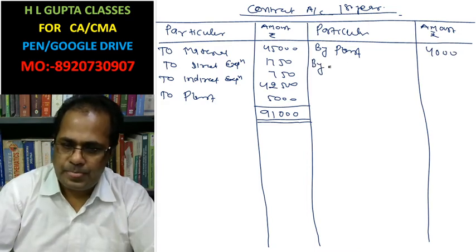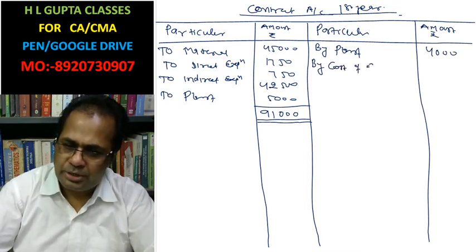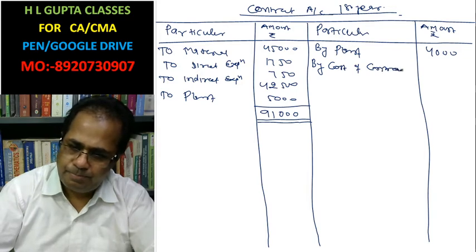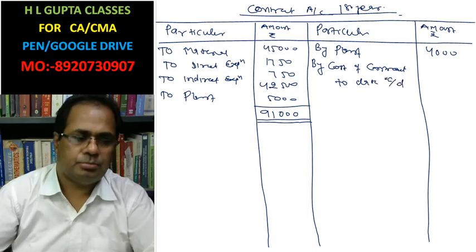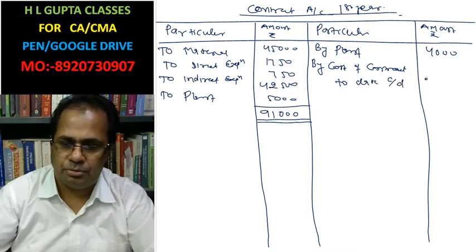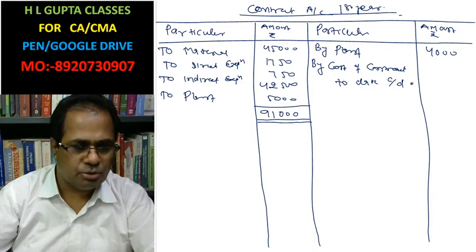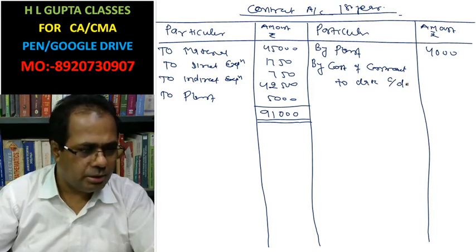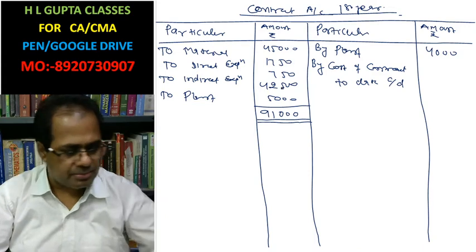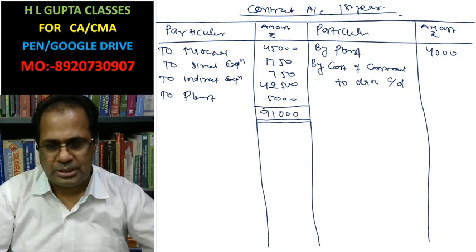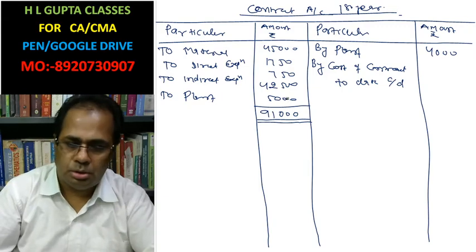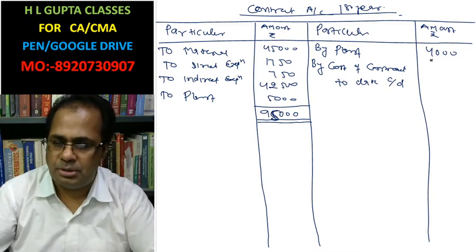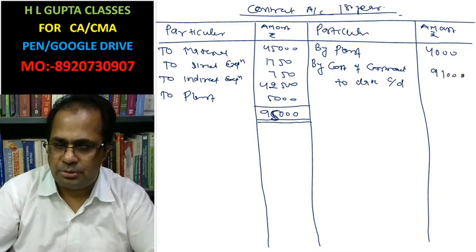By cost of contract to date carried down, this is your 95,000. After adding this, it is 95,000. This is 91,000.